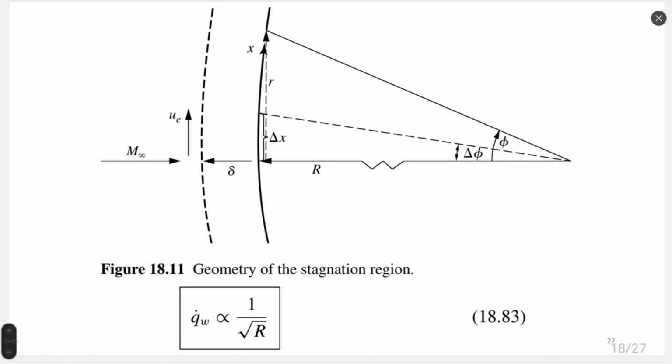One important conclusion on application of boundary layer equations on spherical or cylindrical bodies is that heat flux on these bodies would be inversely proportional to square root of radius of this body.